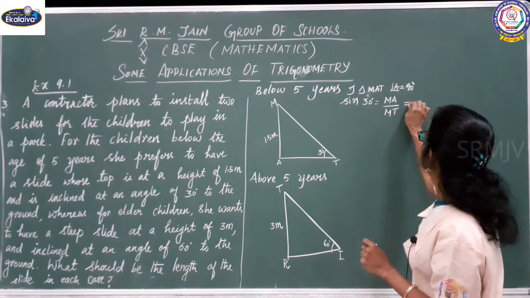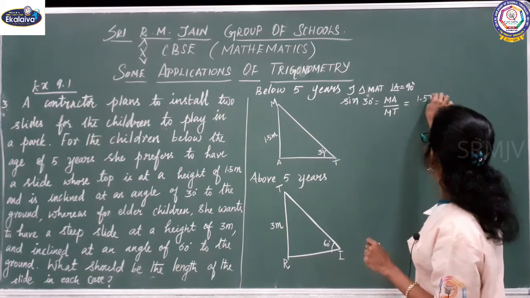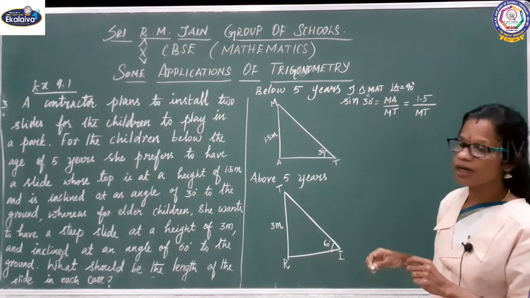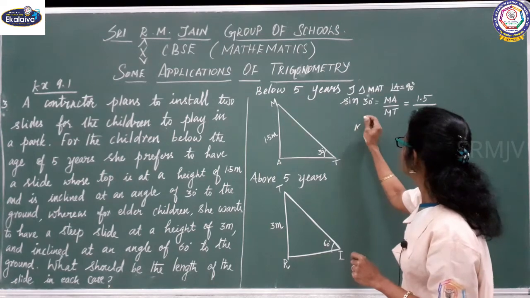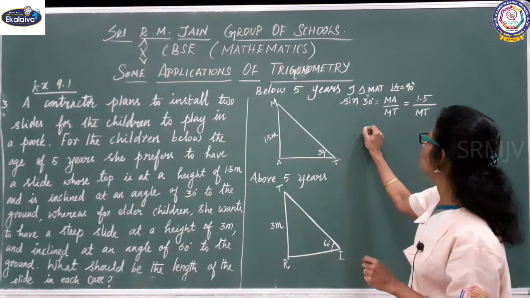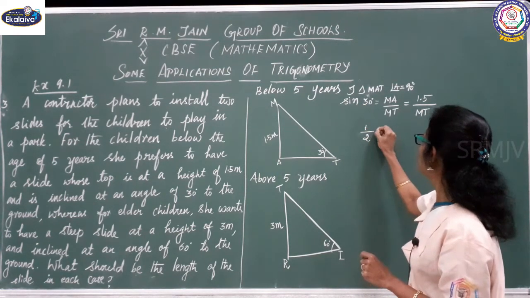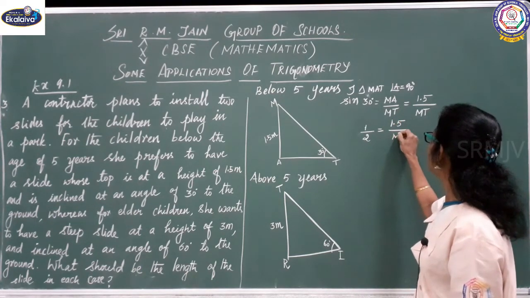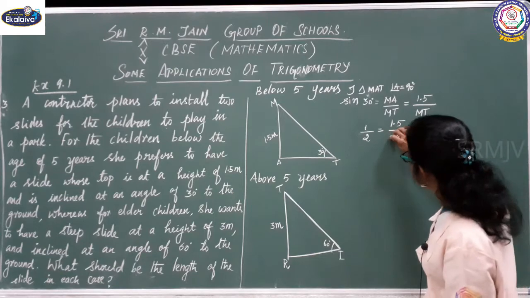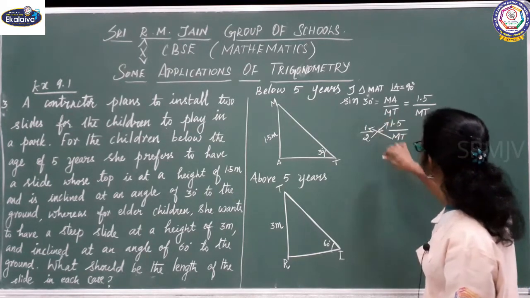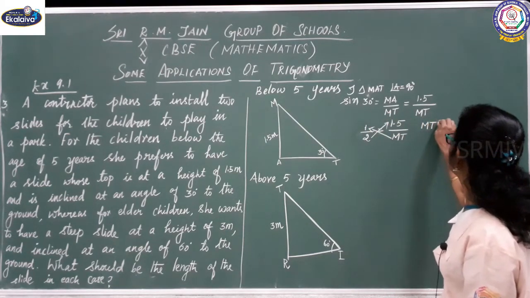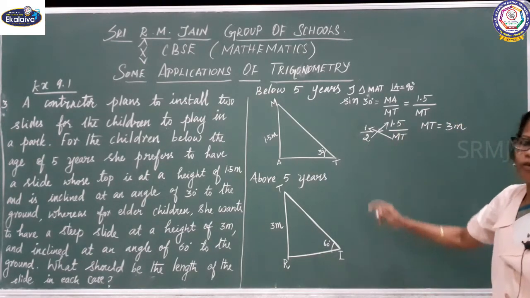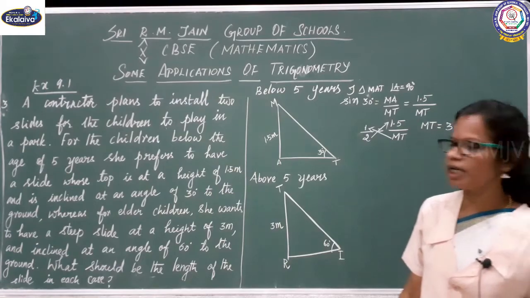So what it is? 1.5 divided by MT. Now what is sine 30 degree? 1 by 2. 1 by 2 equal to 1.5 divided by MT. Then you cross multiply. MT equal to 3 meter. 1.5 into 2 is equal to 3.